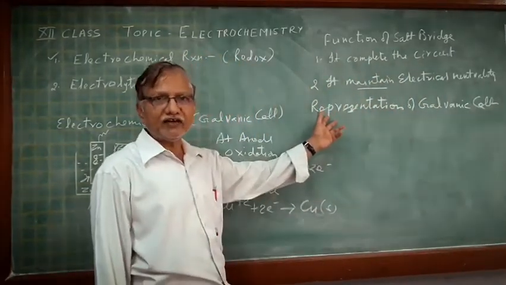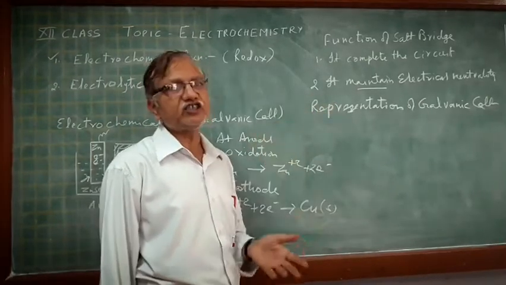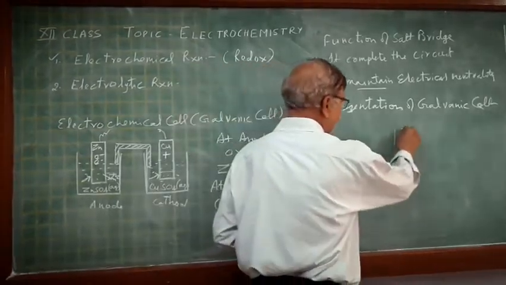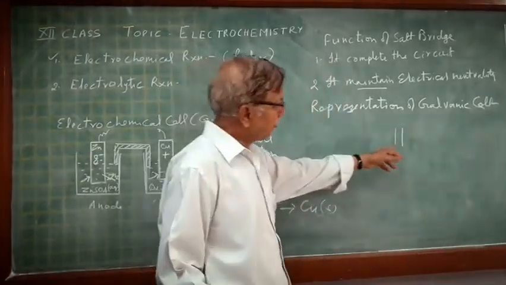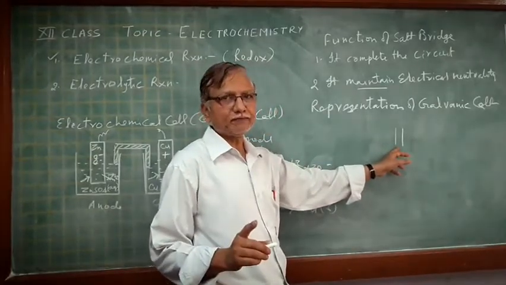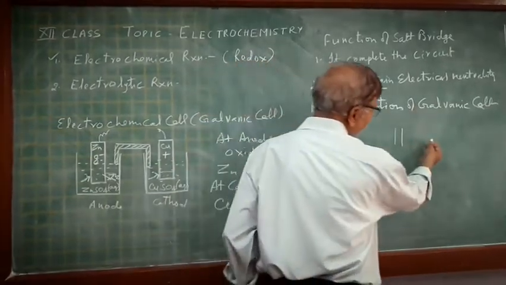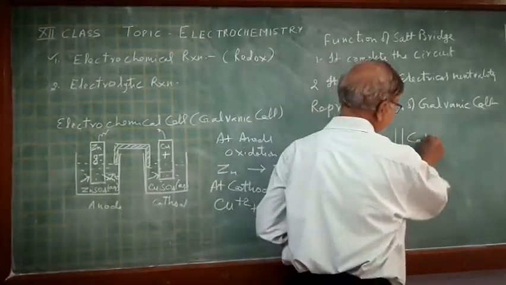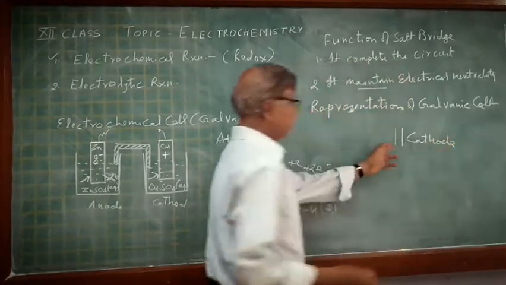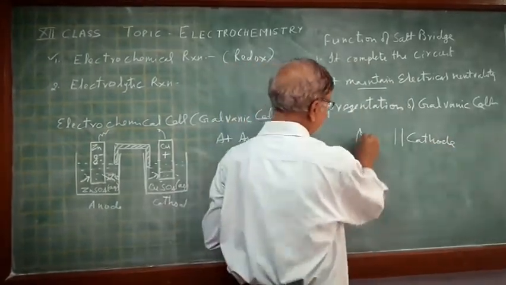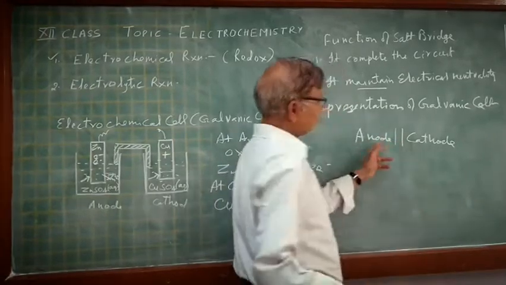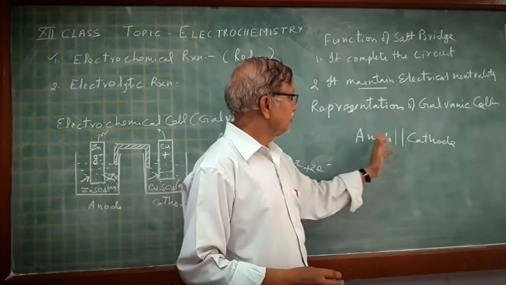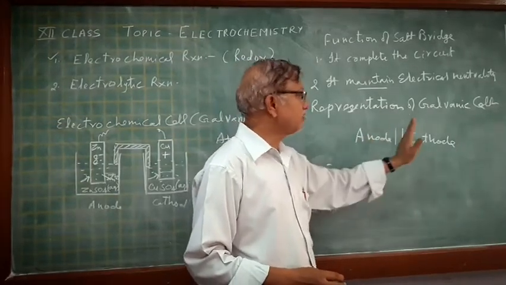To represent a galvanic cell, it is a tradition, a custom, that we draw the salt bridge by two parallel lines, and on the right side of the salt bridge we write the cathode, and towards the left side of the salt bridge we write the anode. So this is a custom to represent an electrochemical cell. First we write anode, then salt bridge, then cathode.